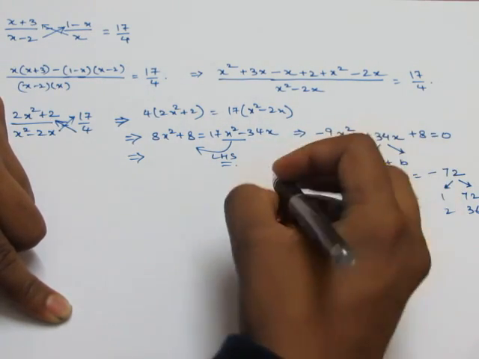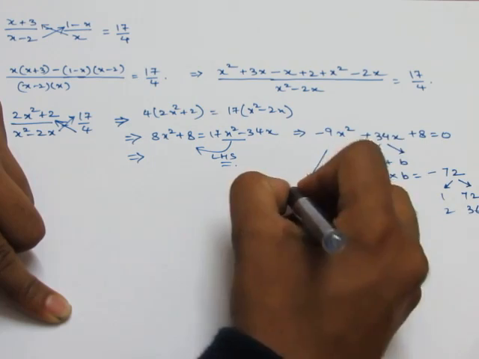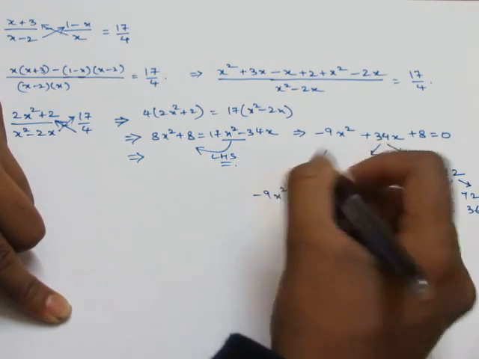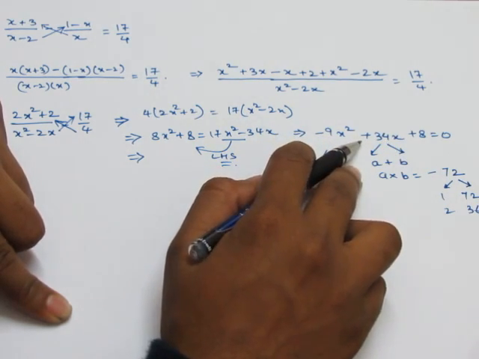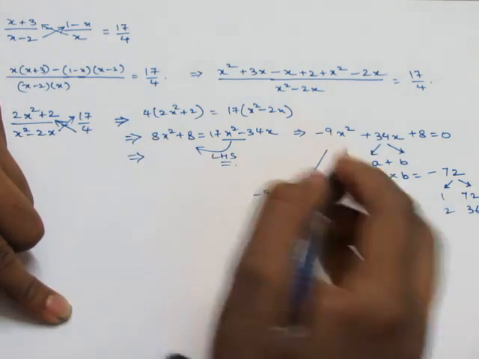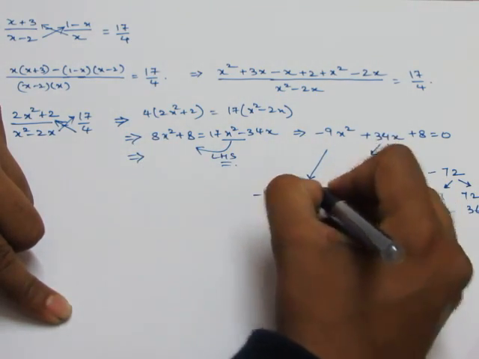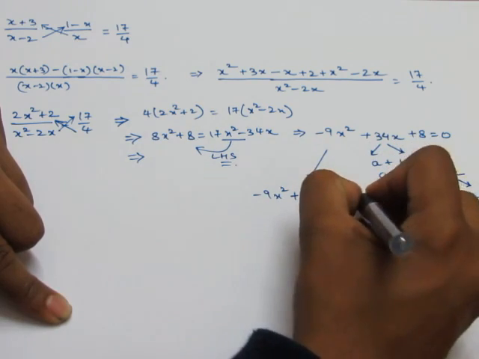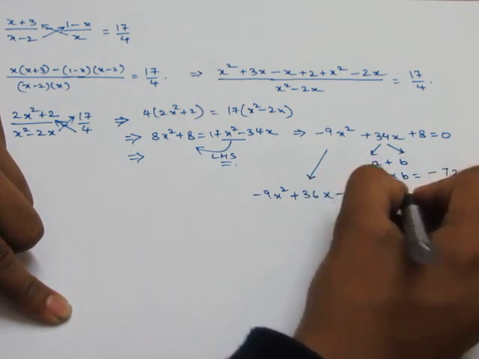So we write it in this form, minus 9x square. Now the sum is positive, that means 36 needs to be positive. Plus 36x minus 2x plus 8 equals 0.